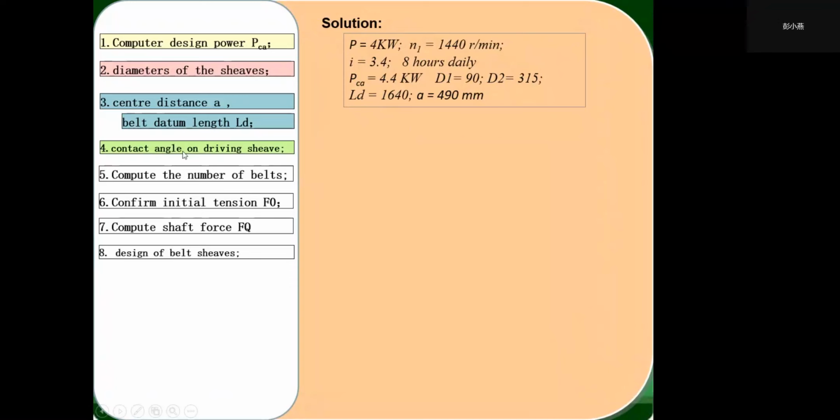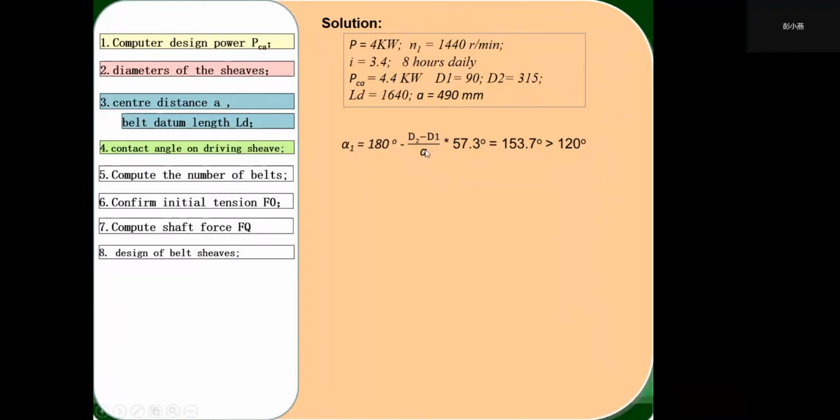How to check? Compute the contact angle on the driven sheave. Use this equation to calculate the contact angle alpha 1, with D2 and D1 and the center distance.